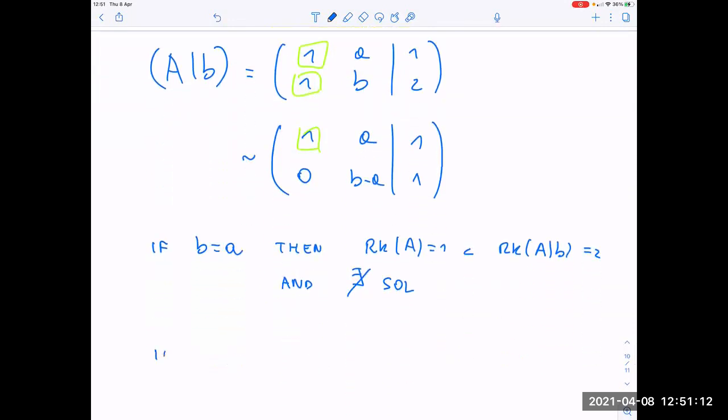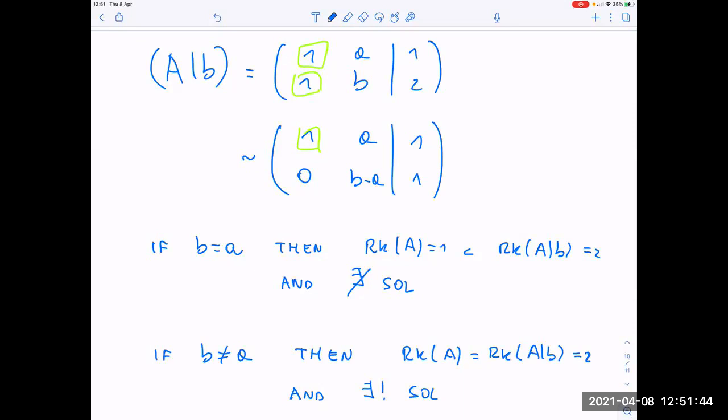And if B is different from A, then what happens? Well, it happens that this entry here, B minus A, is a marker. So the rank of A is equal to the rank of AB, which is equal to 2. And you have a unique solution because you have infinite to the 2 minus 2 solutions, right?